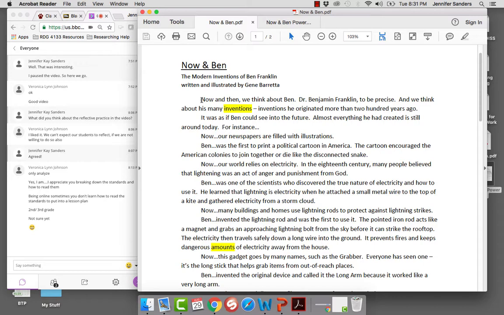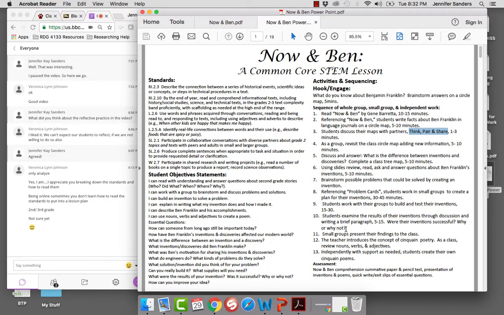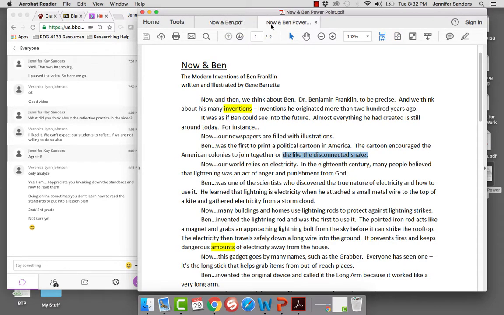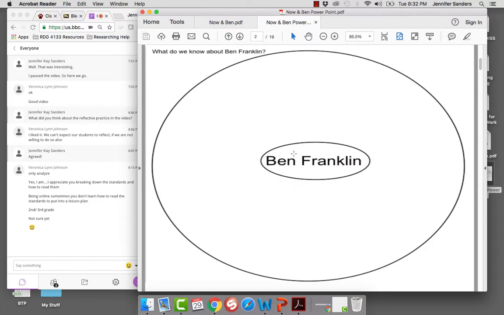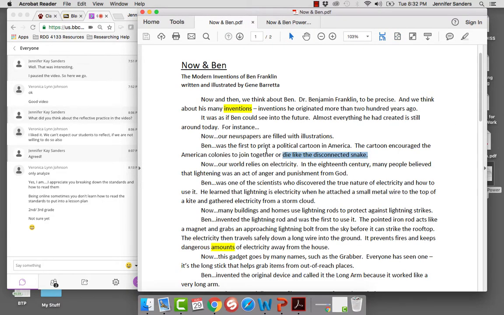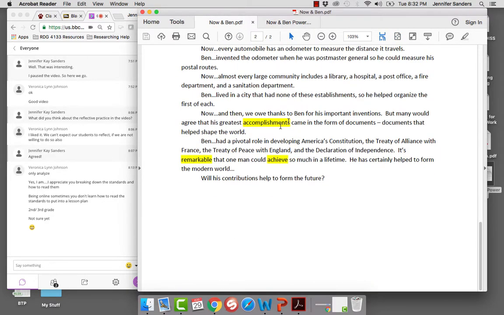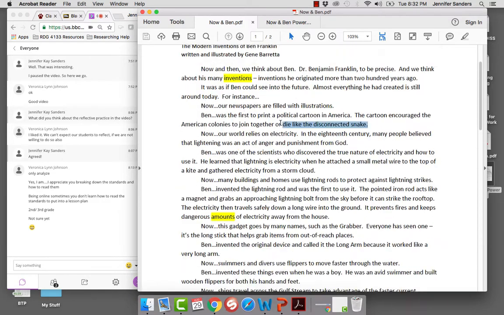Now, I don't know about this text, because if you notice, what second grader is going to know a lot about this? So be mindful of that. When you're going through here, I wonder if Now and Then is a second grade text or a third grade text. It'll be interesting to know. And this is a 2-pager. I like how they've highlighted some words.